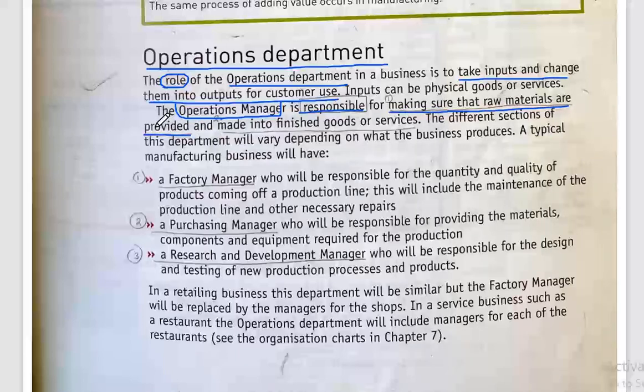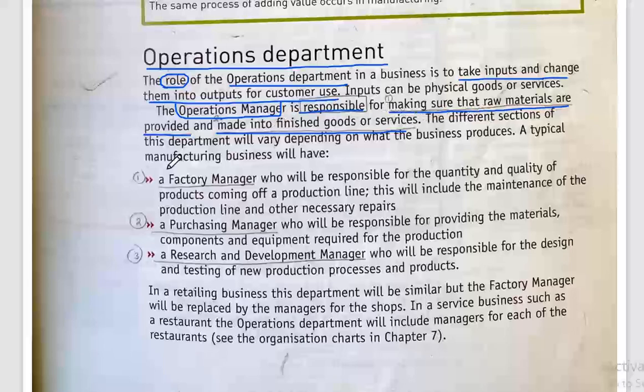Number two, I make sure that these raw materials are being transformed and made into finished goods and services for the use of the customers. So this operation manager has two tasks: to make sure that there are raw materials, and to transform them into an output, finished goods or service.